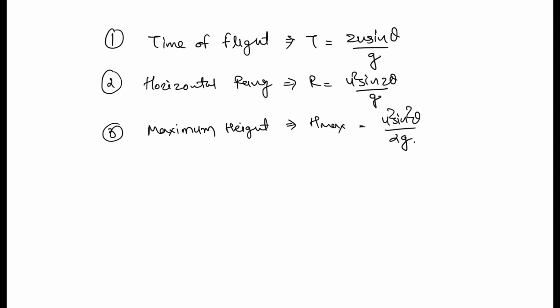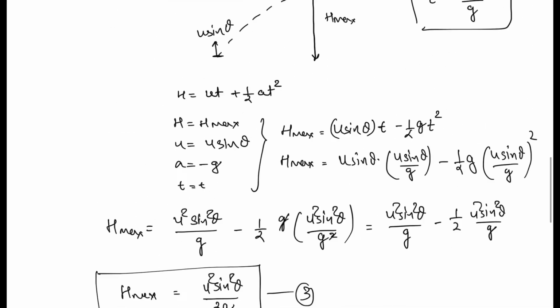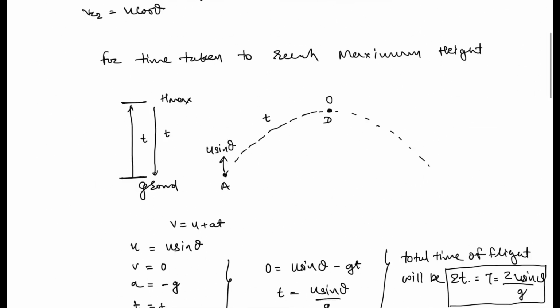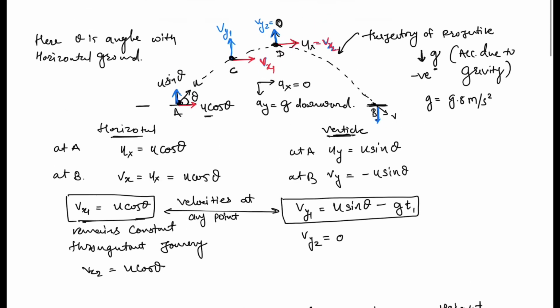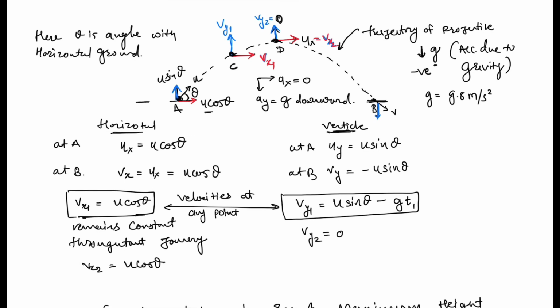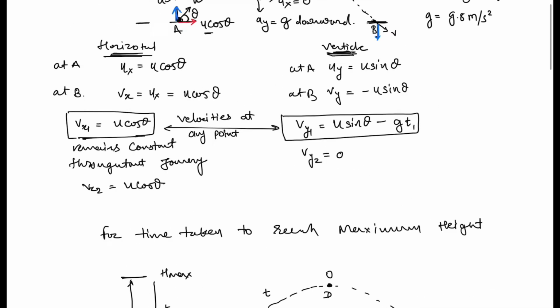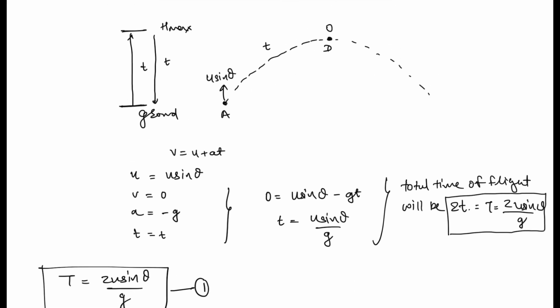Okay, so let's recap the total. First of all, we divided this motion into two parts, one in horizontal and one in vertical. Then we analyzed the velocities, acceleration and the distance traveled in horizontal direction and the same in vertical direction. So we have two velocities, and then we found the time of flight for half of its path, and then multiplying it by 2 we get the total time of flight.